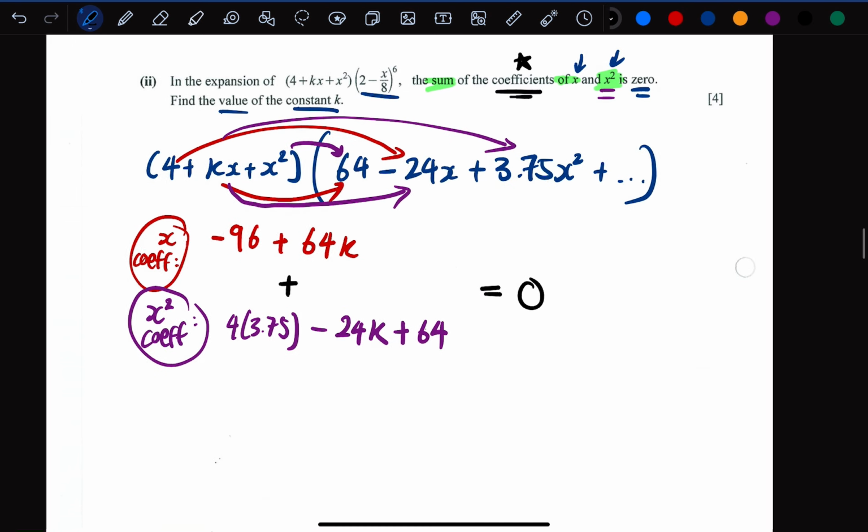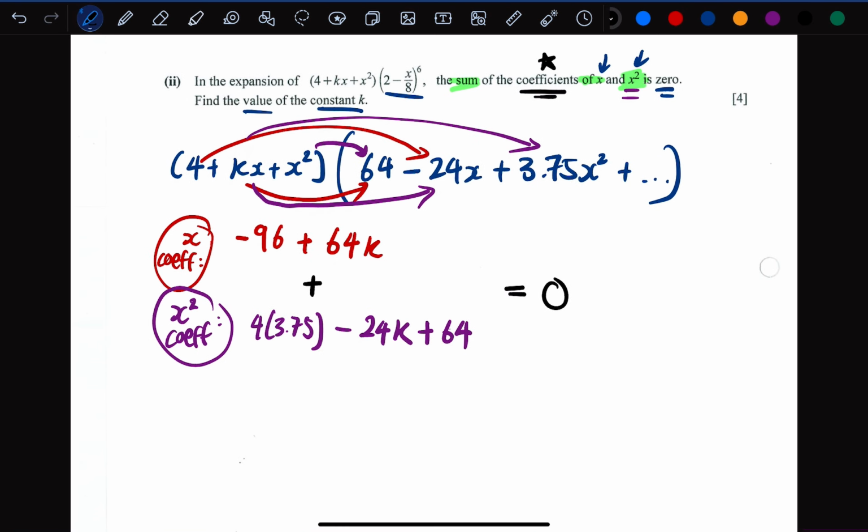So this is part of your selective expansion. Make sure you know which terms you are looking for, which terms you are taking out, and particularly coefficients over here. Don't get mixed up. So I'm just going to add these two up together. I get negative 96 plus 64k plus 4 times 3.75, which is 15, minus 24k plus 64 is equal to 0. Sorry, I missed out the k here.